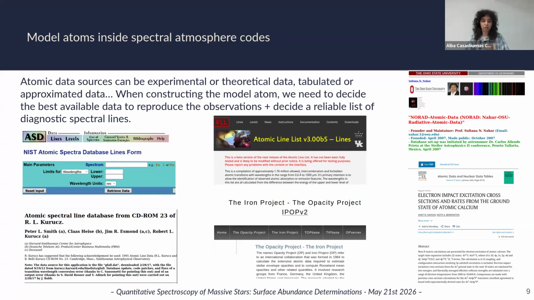So a lot of the times we need to either rely on approximations or equations, or we can go into the physics literature, where sometimes there are some tabulated data for the collisional transitions of certain ions that we can use in our stellar atmosphere codes. And then we just need to test the different data until we can build a good atomic model.